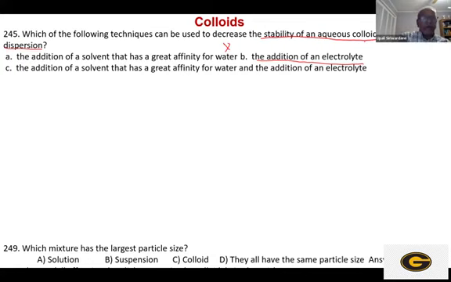You get milk proteins, which are colloid particles, solid particles. The addition of a solvent with great affinity doesn't have the effect of decreasing stability.